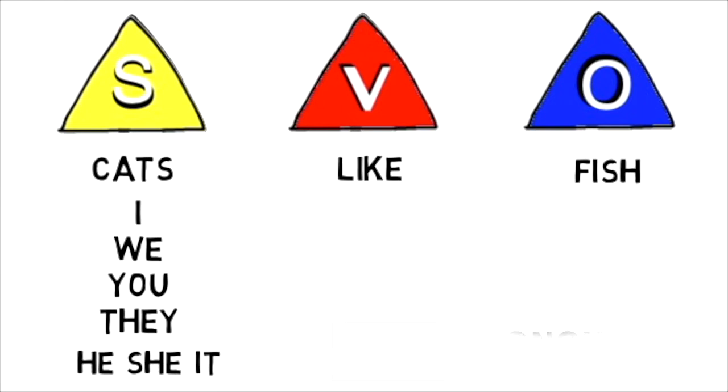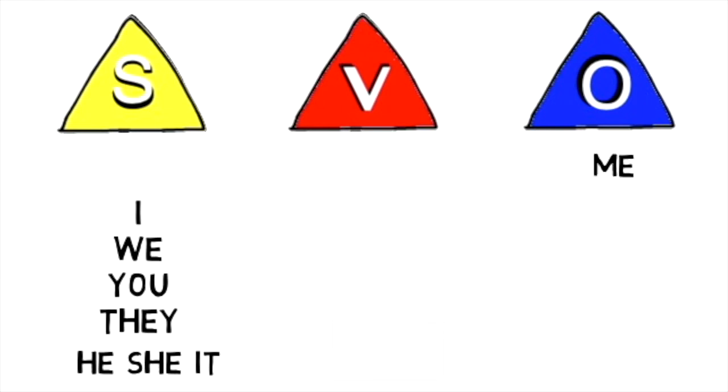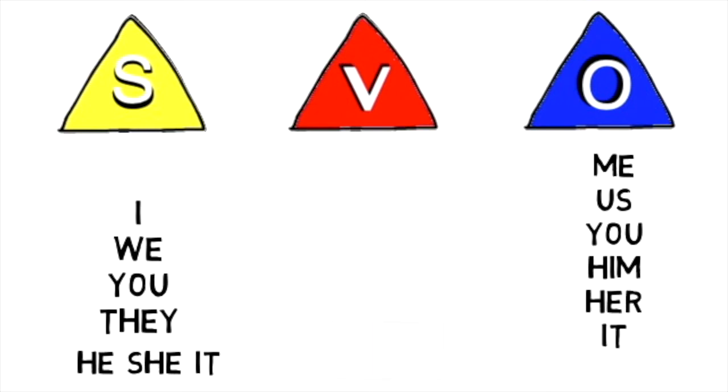And when they're in object position, I becomes me, we becomes us, you stays the same, he changes to him, she changes to her, it stays the same, and they becomes them.